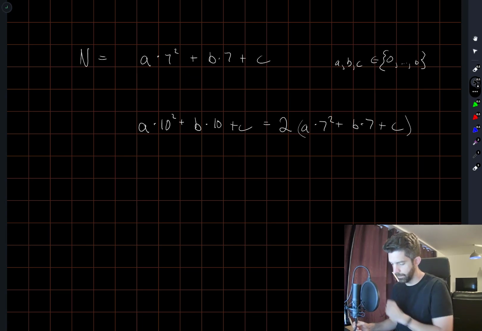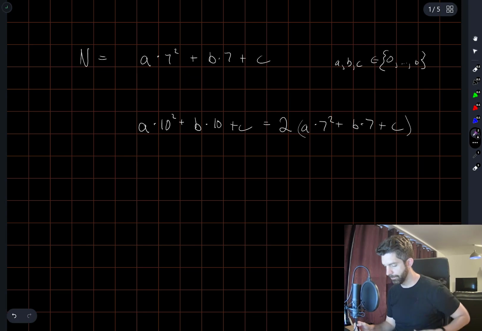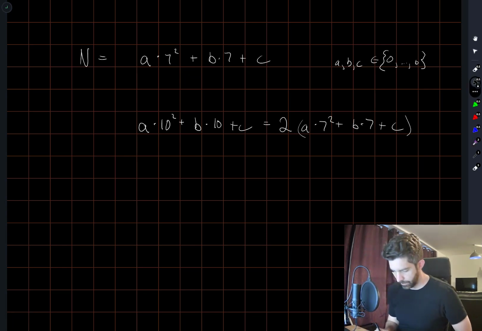Was that correct or the other way around? Hold on. Let's see if the example that they give actually works here. So 102 in base 7 is 1 times 7 squared plus 0 times 7 plus 2.